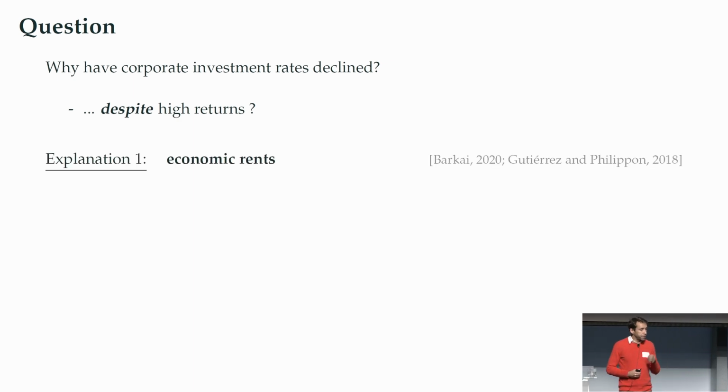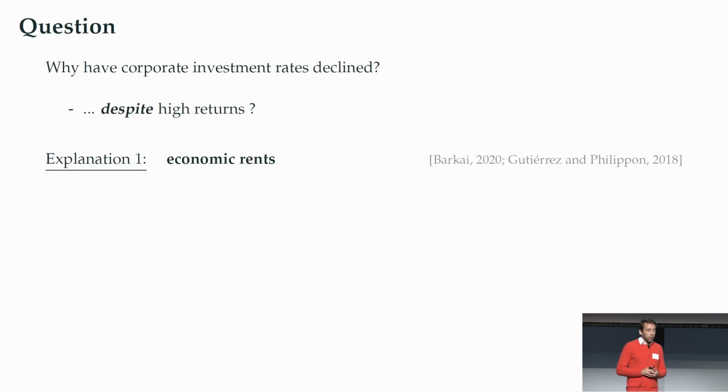The literature, especially the macro literature and the finance literature, has 2 classes of explanations for this phenomenon. The first one I'm going to call the economic rents hypothesis. This is essentially the idea that over the last couple decades, US firms' market power, particularly large firms' market power, has increased.